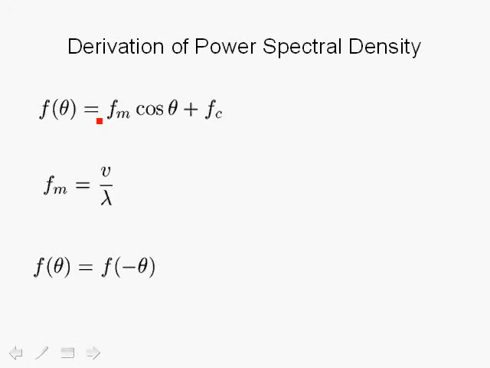And that, as we derived, was equal to the carrier frequency plus the Doppler shift. The Doppler shift, of course, can be positive or negative with a maximum Doppler shift of f sub m. Also note that f of theta is an even function. So if we replace theta by minus theta, because of the cosine term, we get f of theta equals f of minus theta. And the maximum Doppler shift is the velocity divided by the wavelength.